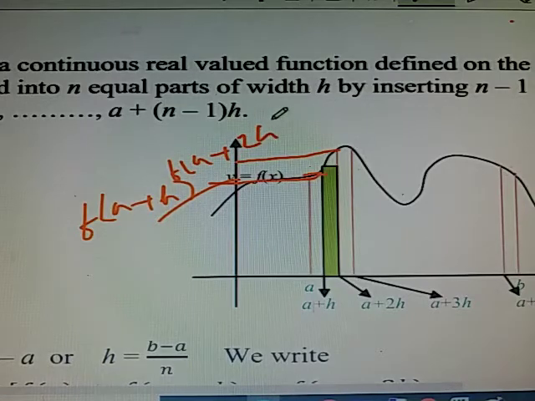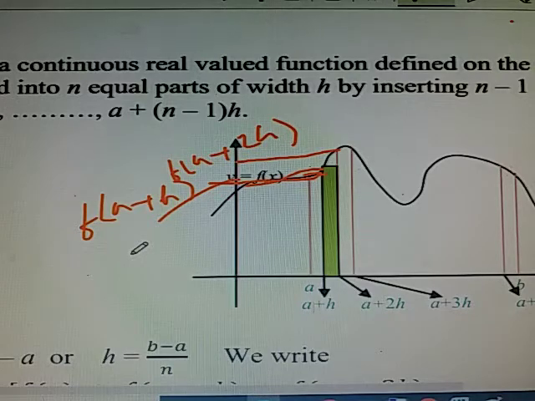And in this figure, this part is smaller, this f of a plus h is smaller than this one. So you can consider this f of a plus h into this, and this gives you the area of this rectangle. So you are getting the area of this rectangle. Therefore, when you say integration f(x) dx, what does it mean?